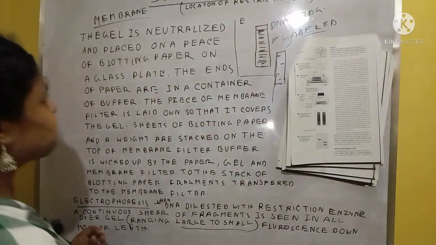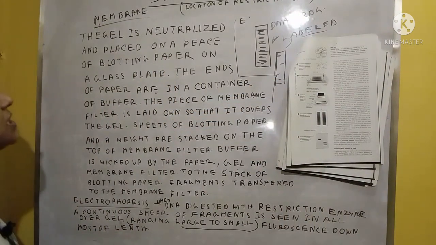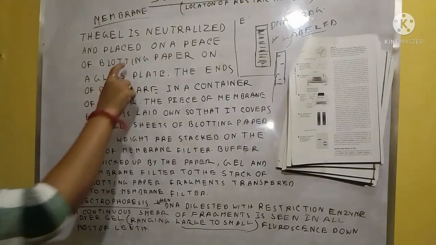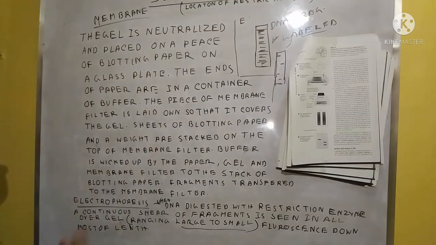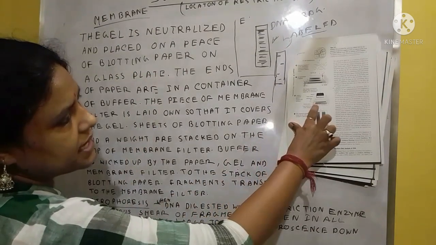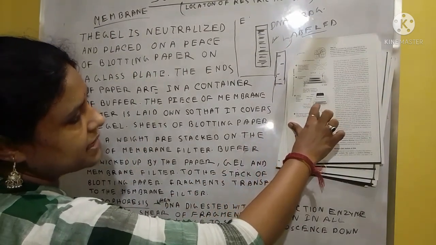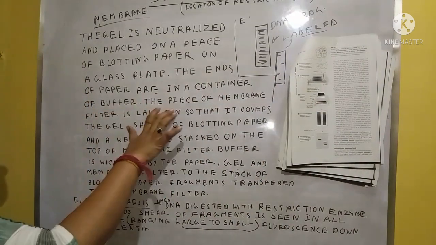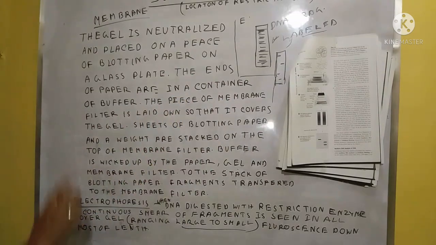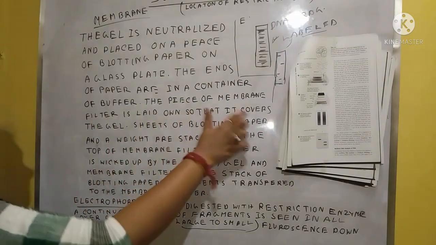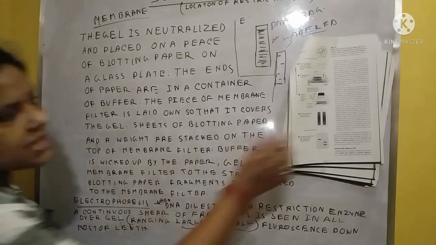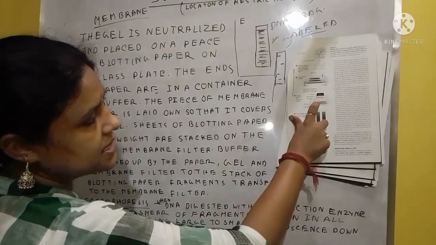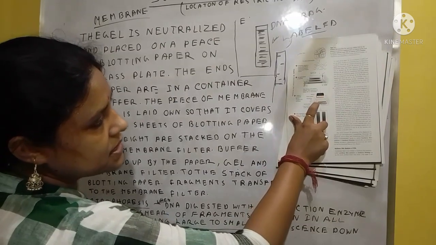What happens here? We put the gel for the neutralization and the blotting paper on a glass plate, in a container, and a piece of the membrane filter is laid on so that it covers the gel. You see that this is the gel, and covering this gel is the membrane filter.